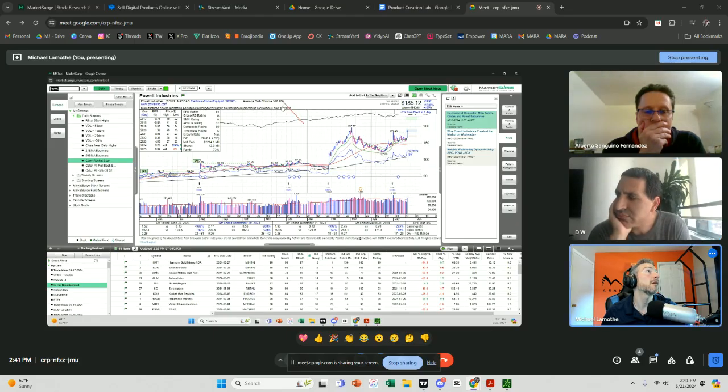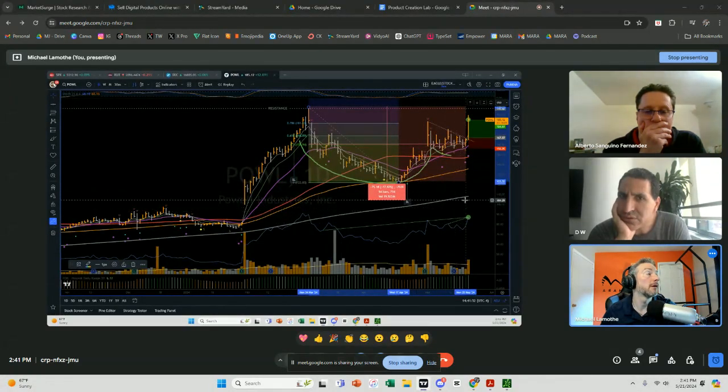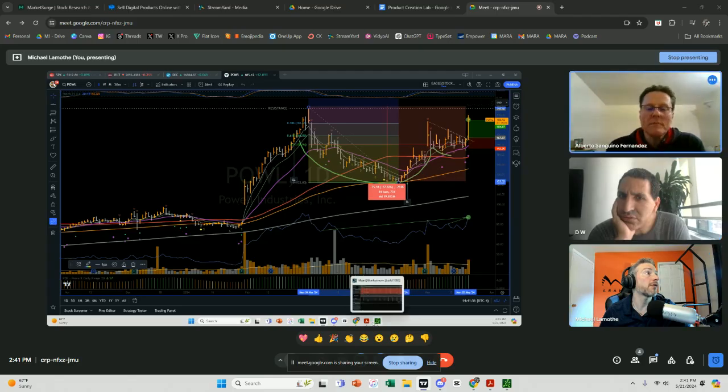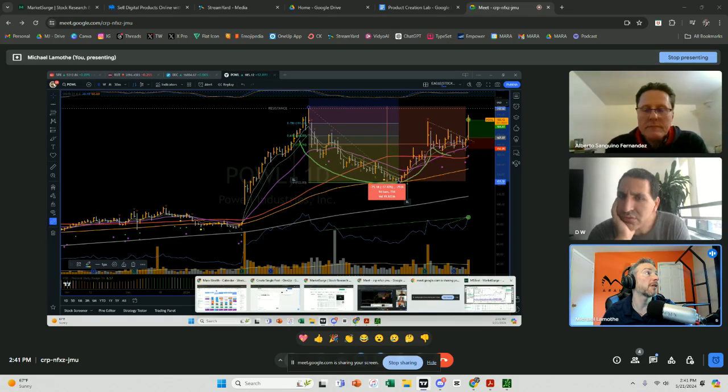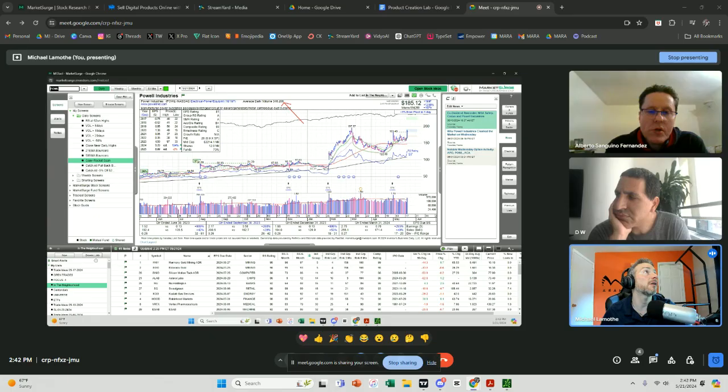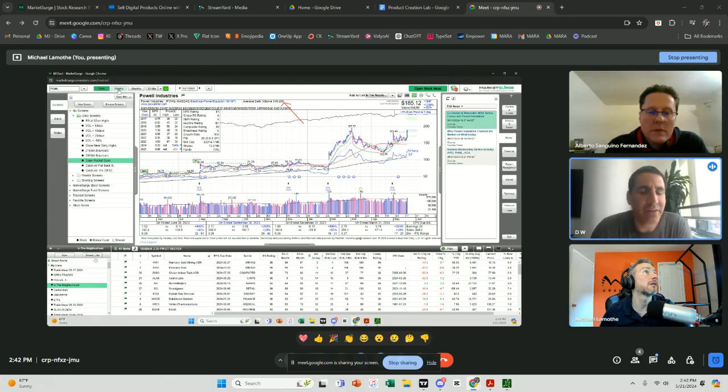Yeah, it's on the lower side, but it's not crazy low. You mean the float? So I was looking at the average daily volume, the shares per day, but yeah, the float as well. But it's a $100 stock.